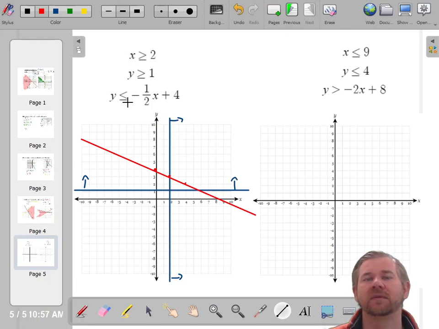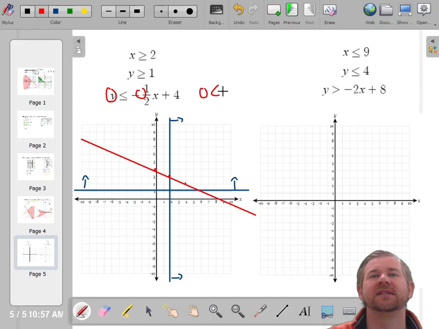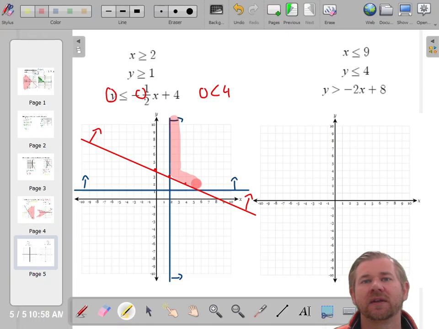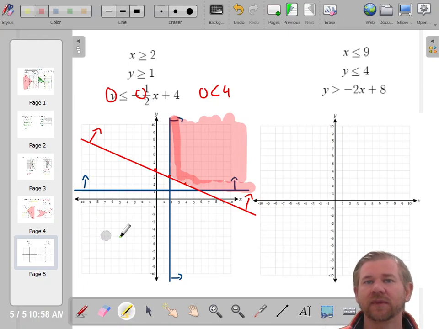This is also less than or equal to, so solid line. And when you test the ordered pair 0, 0, is 0 less than 4? No. So if this point doesn't work, we're going to shade away from it. So the overlap then is right here. It just kind of gets the corner chopped off a little bit. So any point here will work in all three.